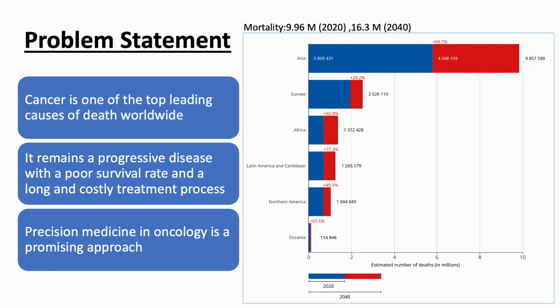long and costly. One of the emerging and promising approaches to increase cancer survival rate is called precision medicine in oncology, which is also called personalized medicine. This approach aims to incorporate multiple types of data, including the traditional histological and immunohistochemical imaging data, as well as the modern genomics and single-cell technology data.